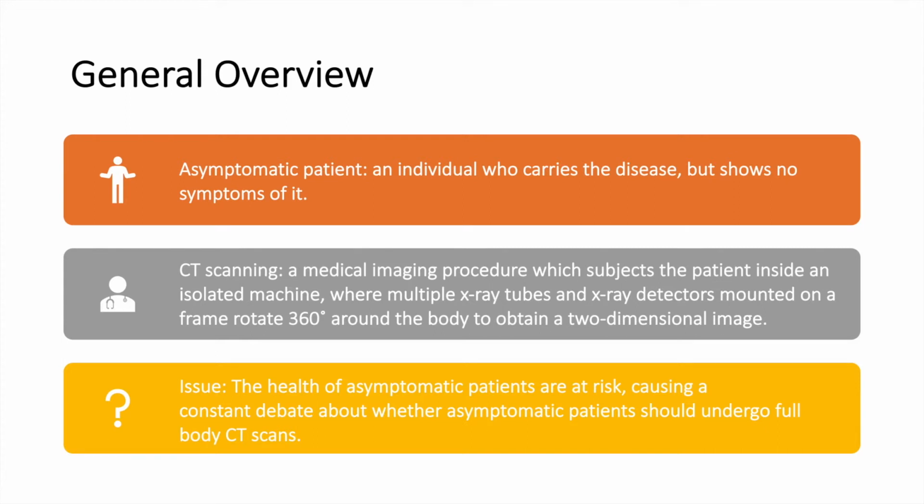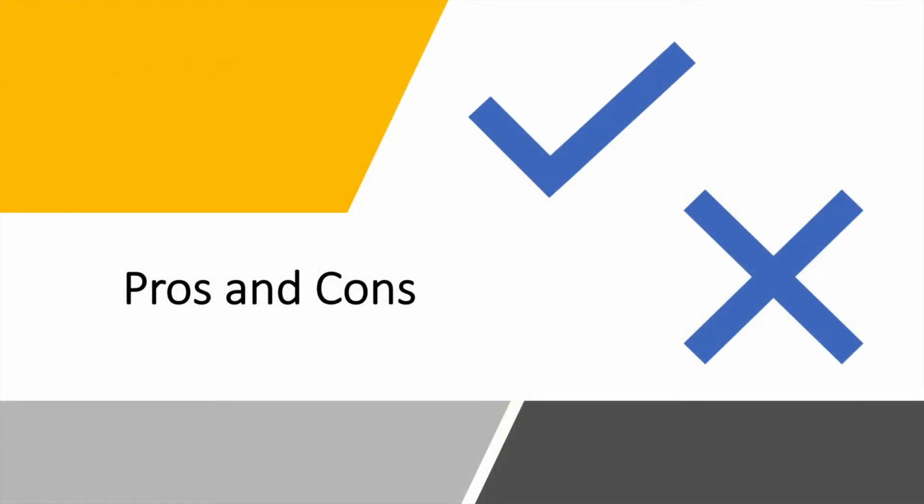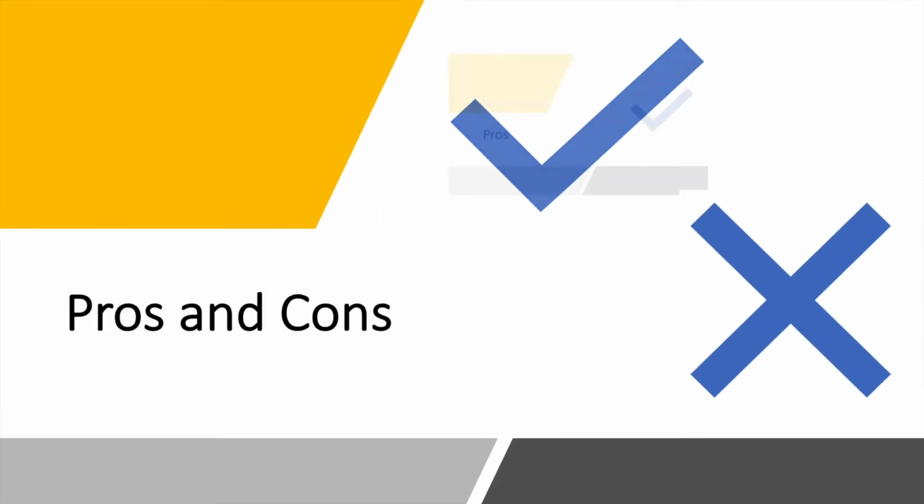This is why there is a constant debate about whether asymptomatic patients should undergo whole-body CT scans. So should whole-body CT screening be used on asymptomatic patients for the detection of cancer? Let's break down some of the pros and the cons.